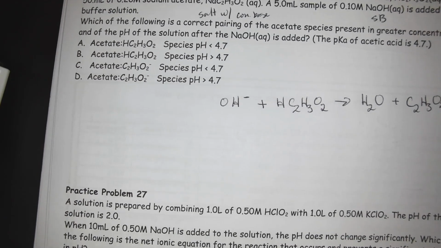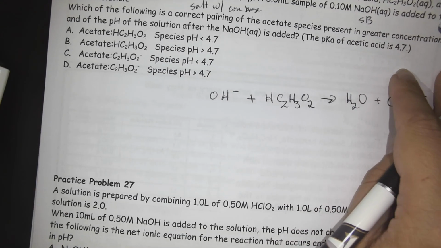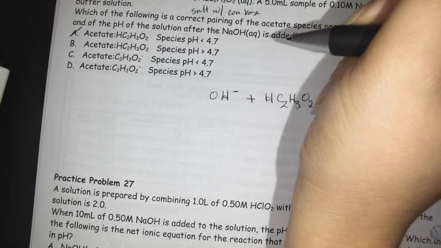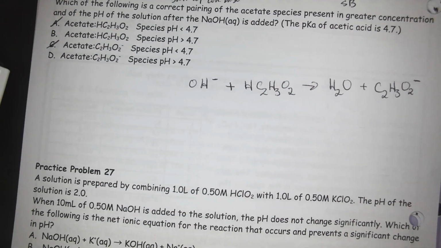So, which of the following is a correct pairing for the acetate species present in greater concentration and the pH of the solution after the sodium hydroxide is added? If we add a base, then the pH will increase. So our pH should now be greater than the pKa. So it's either going to be B or D. Okay?